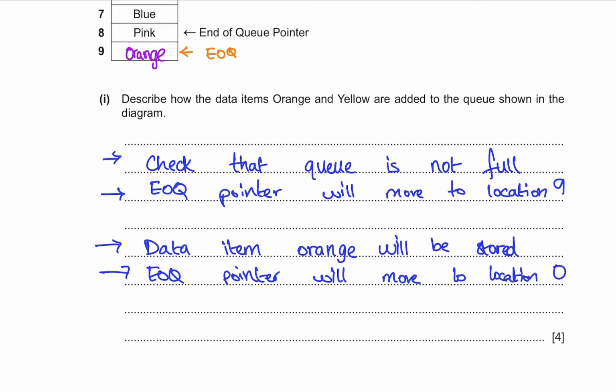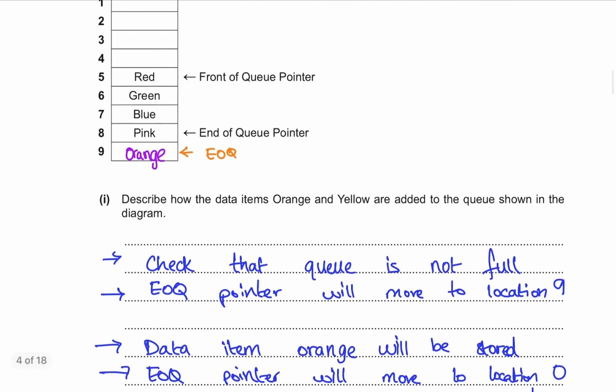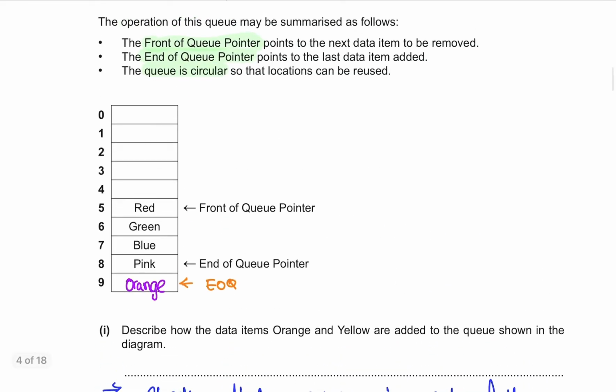Why? Because data item yellow will be added. See, orange and then yellow will come here. Why? Because this is a circular queue.